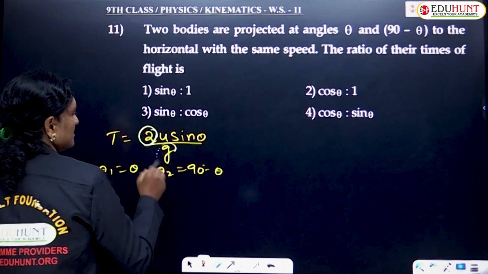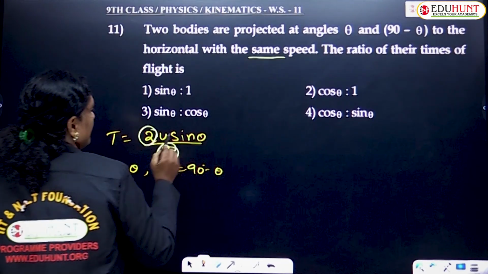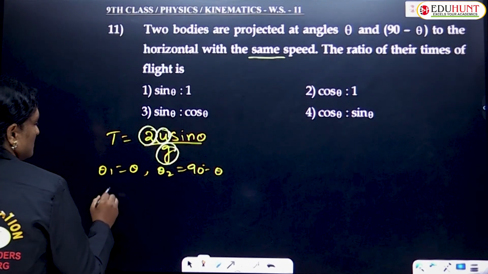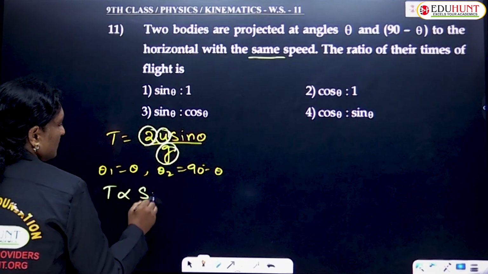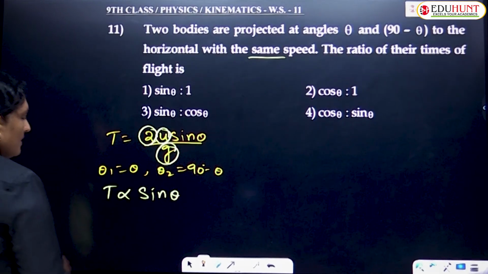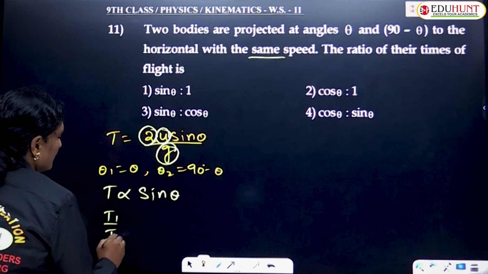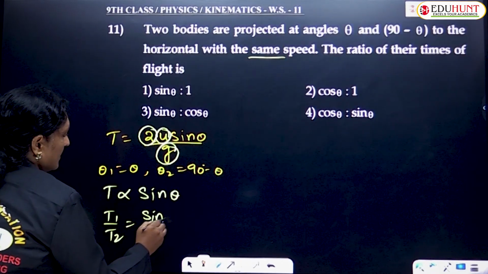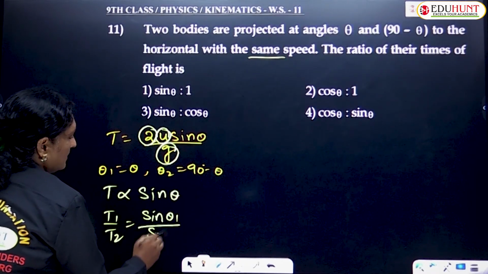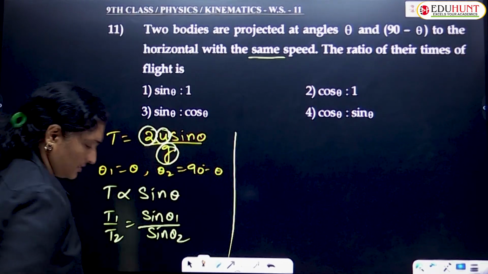Clearly 2 is constant, g is constant. Same speed they have mentioned, so u is also constant. So clearly T is proportional to sine theta. This implies T1 by T2 is equal to sine theta 1 by sine theta 2. Isn't it?